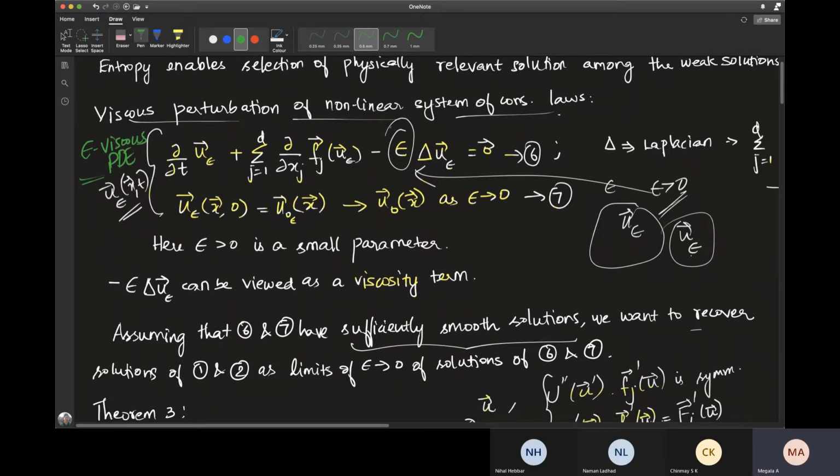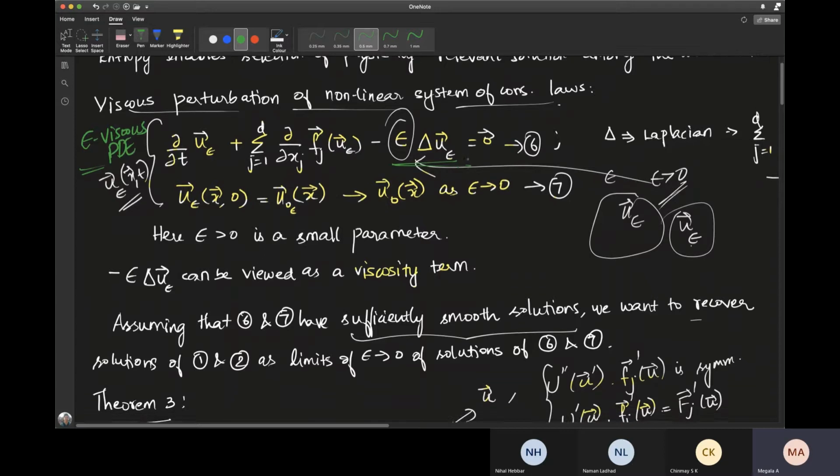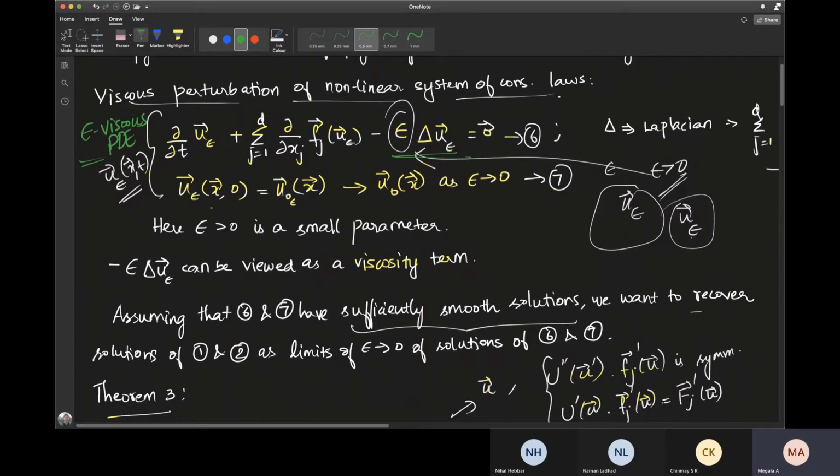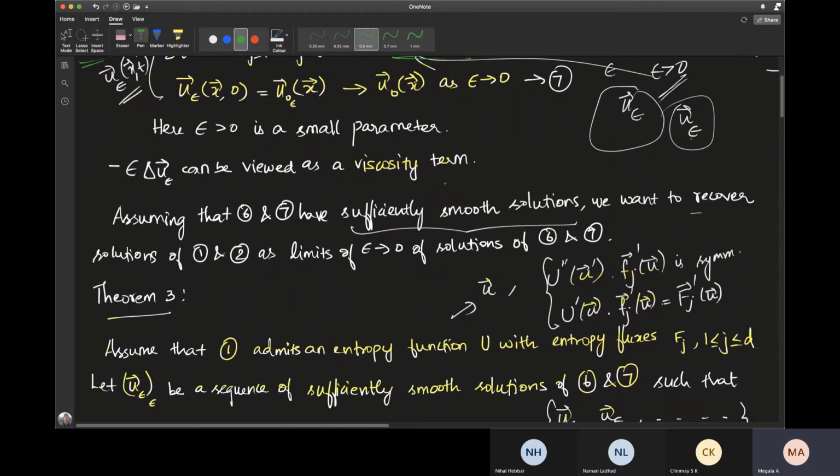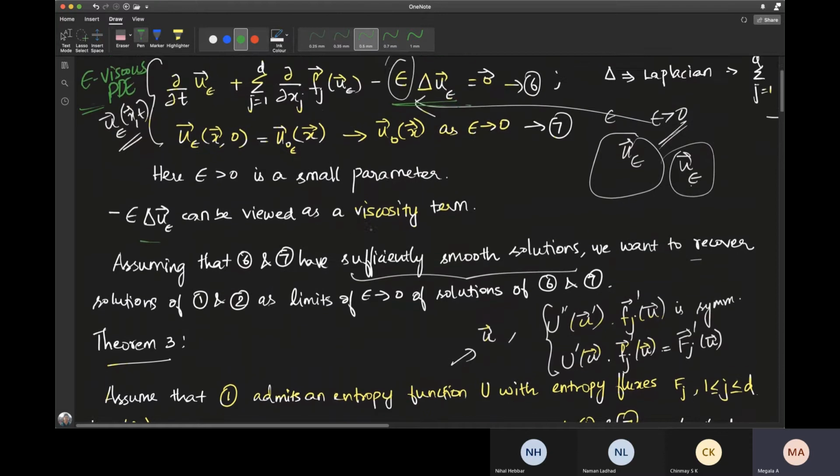So this is a PDE which is similar to the system of PDEs that we consider, but we have an additional viscous term over here. So we call it just the epsilon viscous PDE, and for this PDE again we had the initial condition. Then the viscosity term, which is epsilon Laplacian of U.